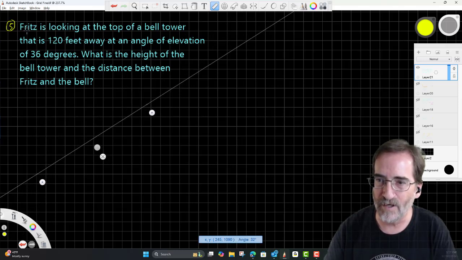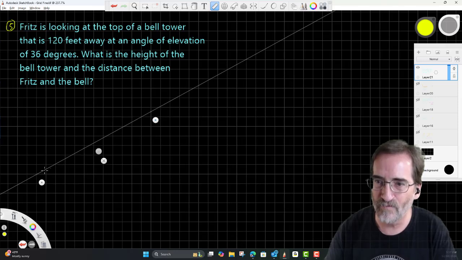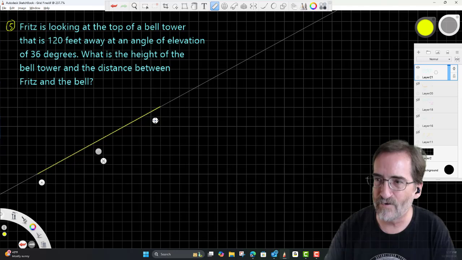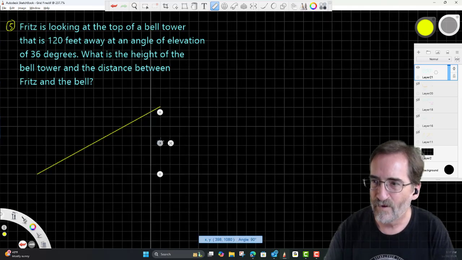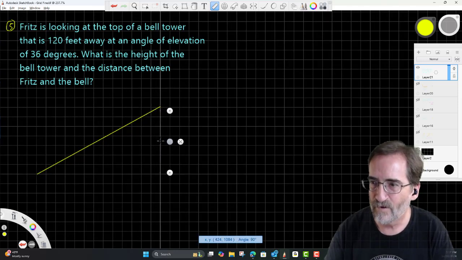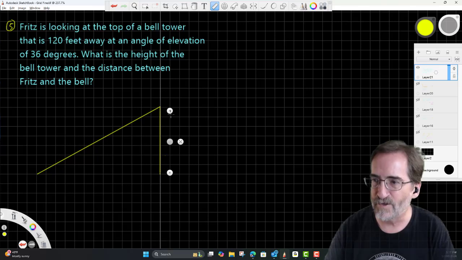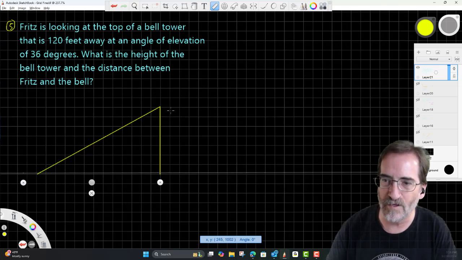That's something like this. 36 degrees, looking up at the top of the bell tower. And the base of the bell tower is 120 feet away.